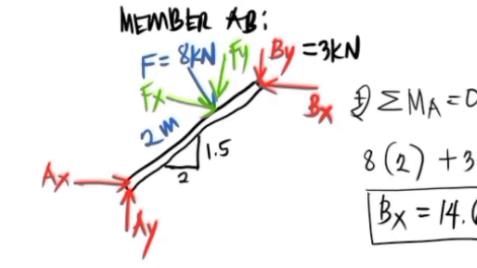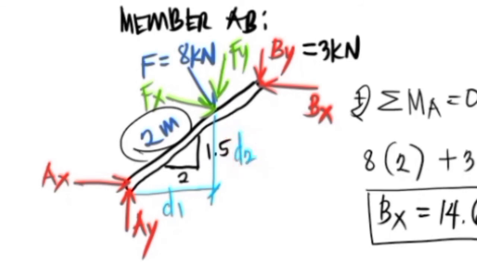Conventionally, kung hindi given itong 2 meters na to, so what we are going to do is to make use of the components ng 8 kilonewton. So that would be Fy multiplied by the perpendicular distance d1 and Fx multiplied by the perpendicular distance d2.